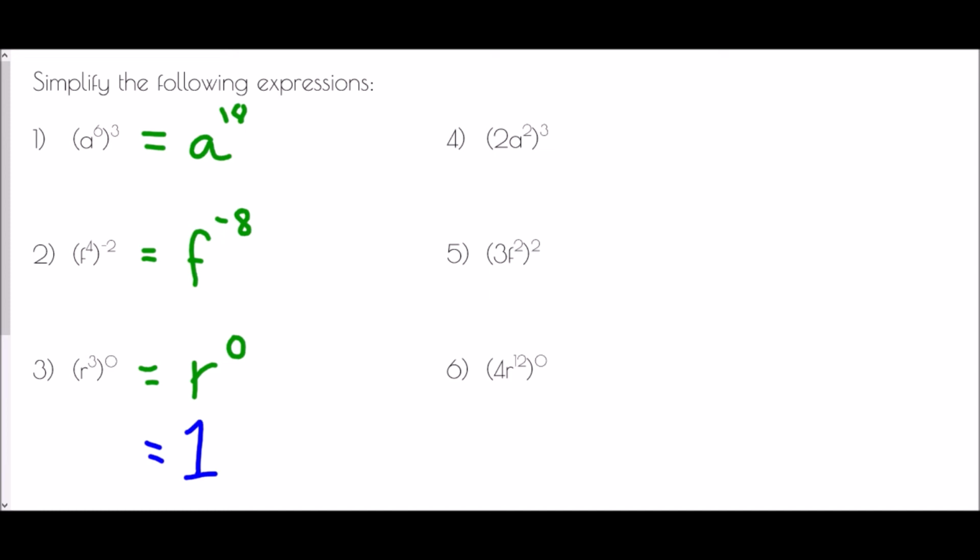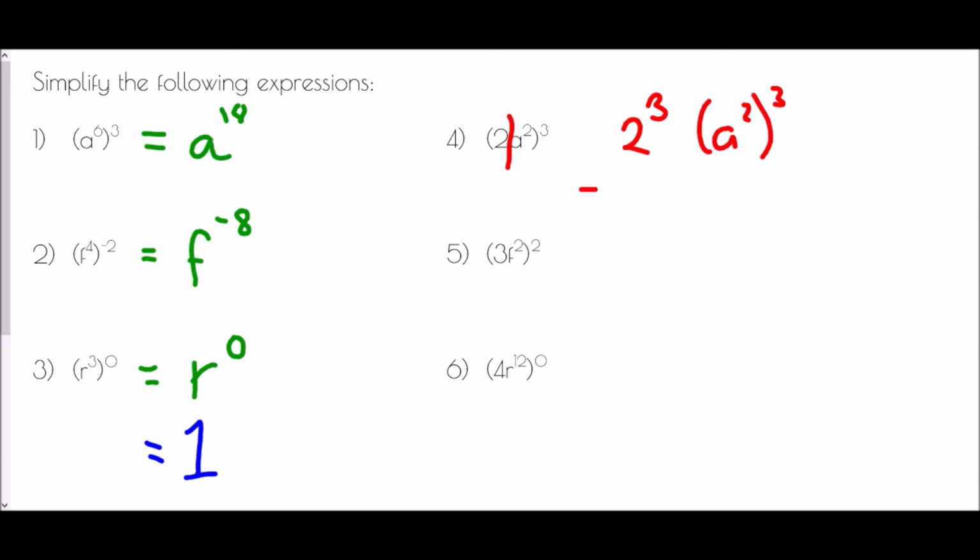In the second part, we've got, in the brackets this time, 2a squared to the power of 3. Now with these ones, we have to be a little bit careful, because what this is actually saying is we need to think about this in two pieces. What we have is 2 being raised to the power of 3 and also a squared being raised to the power of 3.